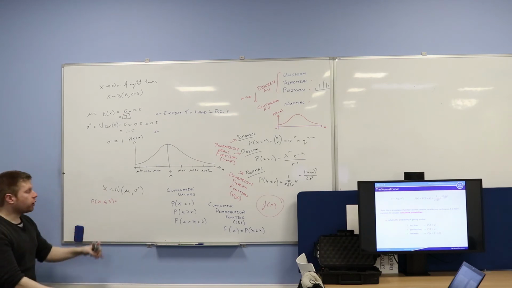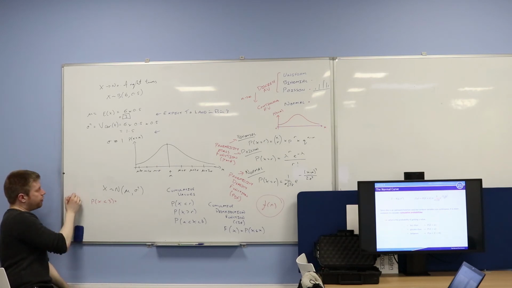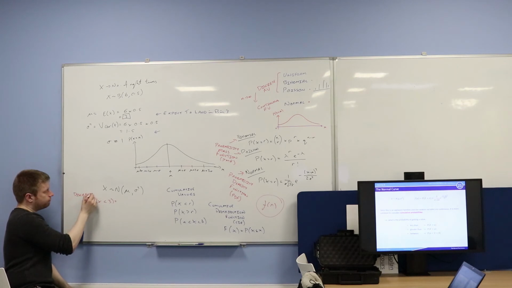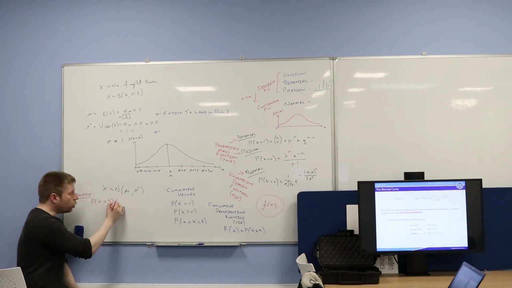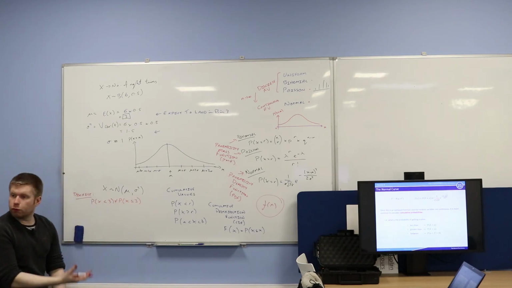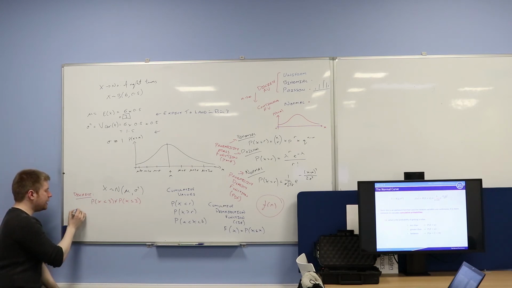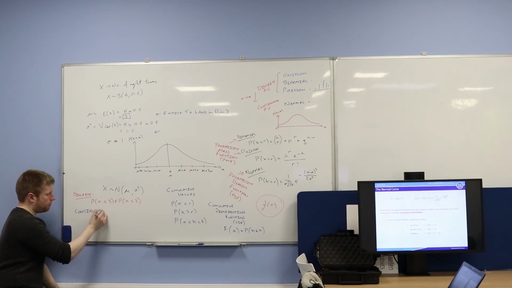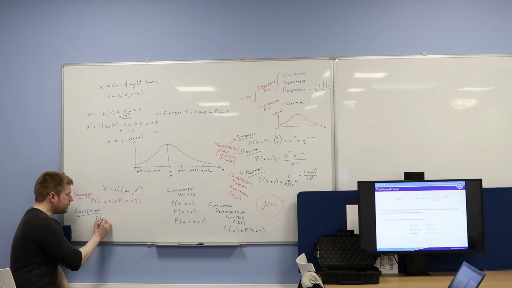The thing which I really wanted to talk about was, in general, with a discrete random variable, the probability that x is less than 3 is not equal to the probability that x is less than or equal to 3. We've just seen that. However, if I'm dealing with continuous random variables, does it make a difference anymore?